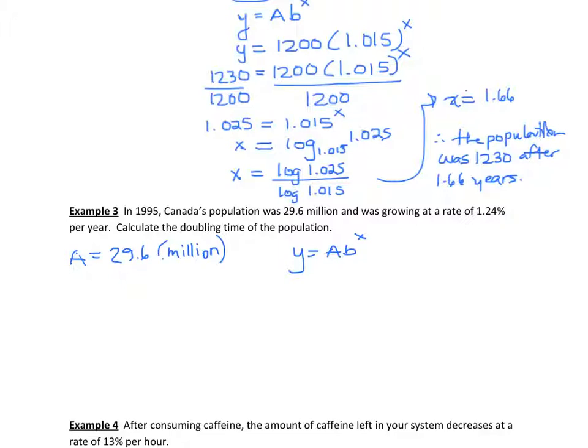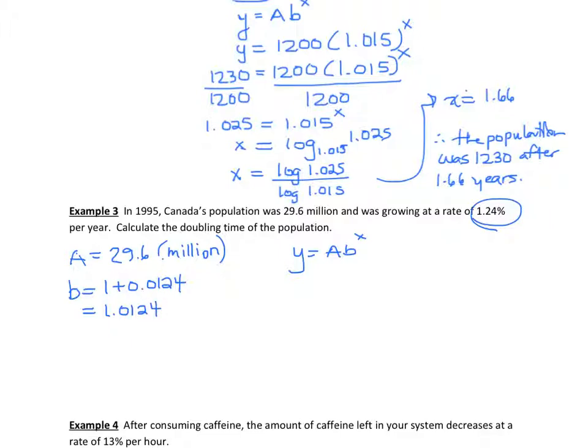And our b value will be 1 plus the growth rate, so 1 plus 0.0124, because it said the growth rate was 1.24% per year. So our growth factor is 1.0124.